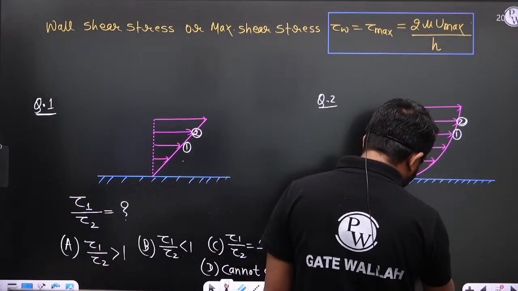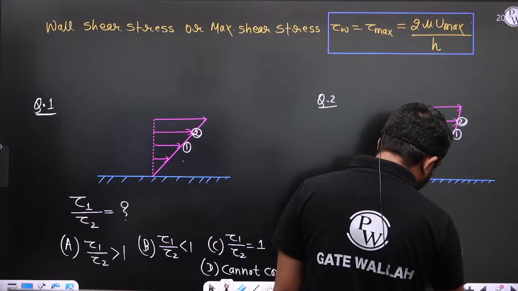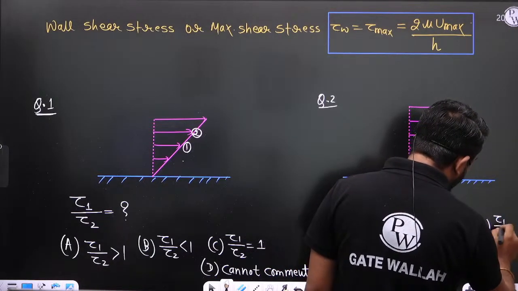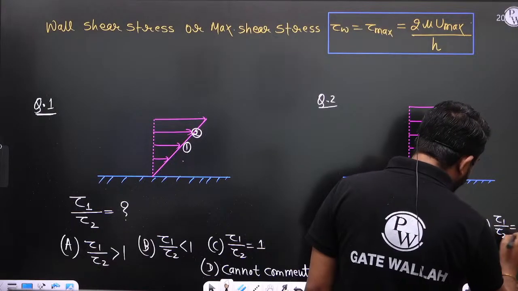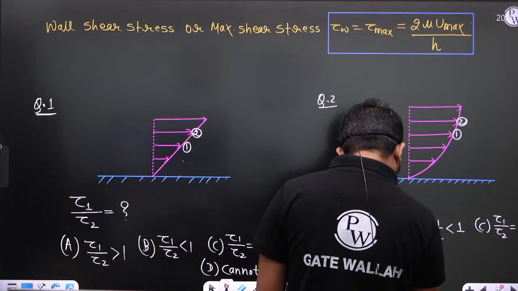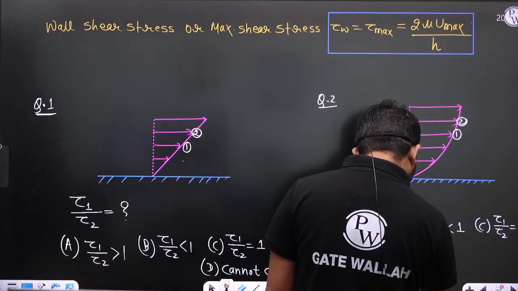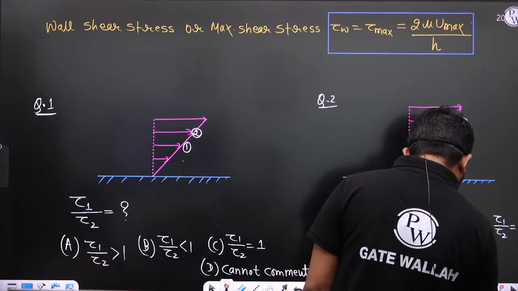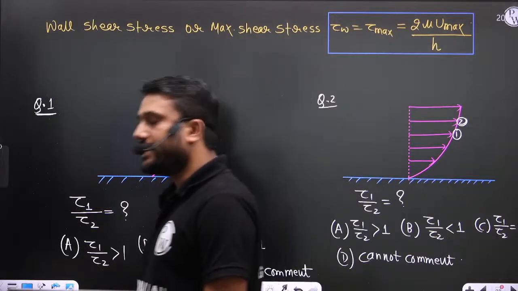Option B, lesser than 1. Option C, equal to 1, and option D, cannot comment because data is not sufficient.